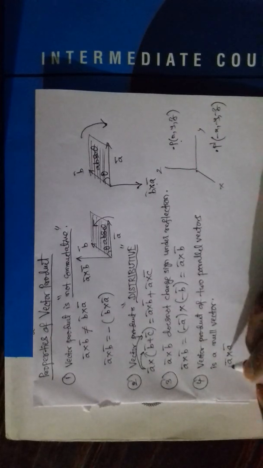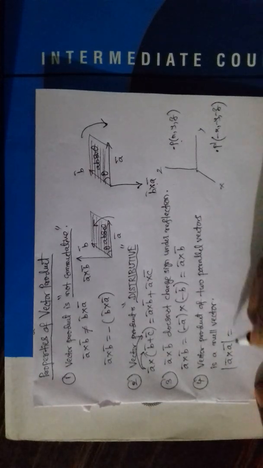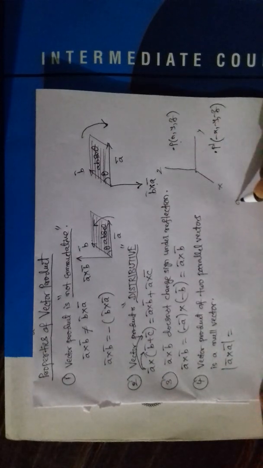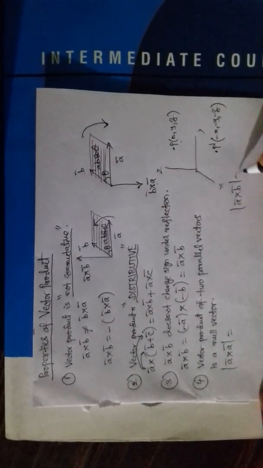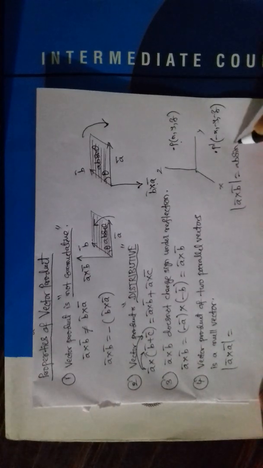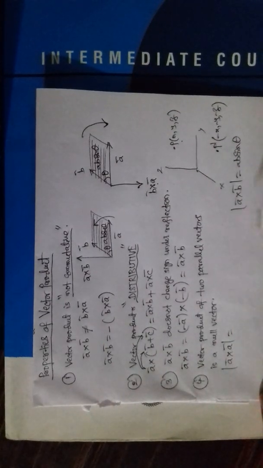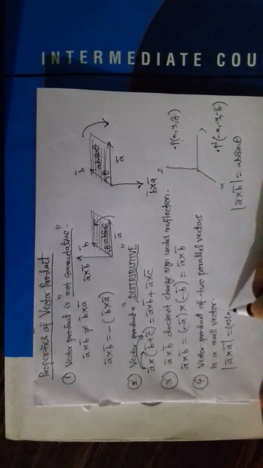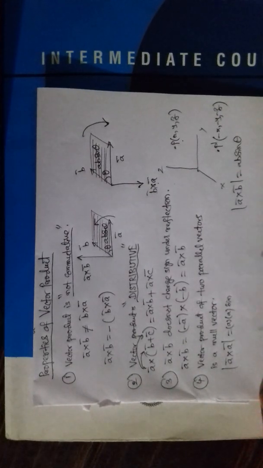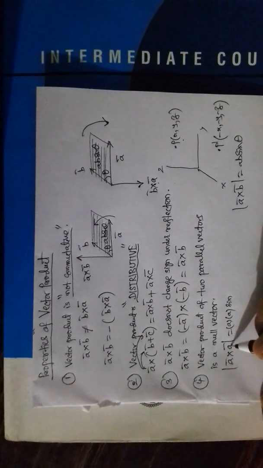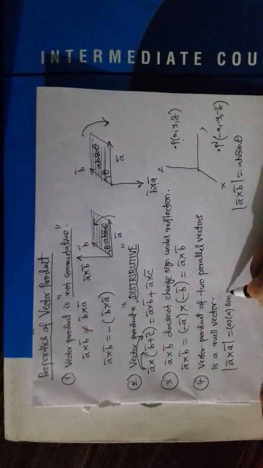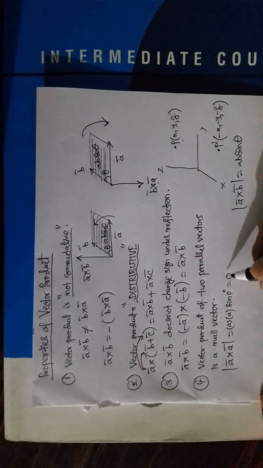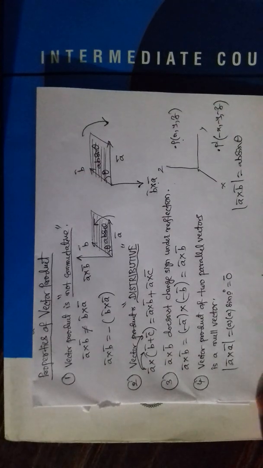Now, its magnitude, A cross B is equal to AB sin theta. Here its magnitude is A, its magnitude is A, sin angle between these two. Both are one and the same. Therefore, the angle will be 0 degrees between them. Sin 0, 0, 0 and something 0. So you got a null vector.